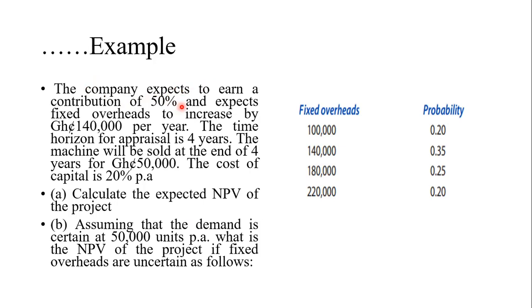Remember, contribution is sales less variable cost. So if you're earning a contribution of 50% on your sales, then your variable cost is 50%. Your sales of 100% less your variable cost of 50% gives you a 50% contribution. I hope that is clear now.